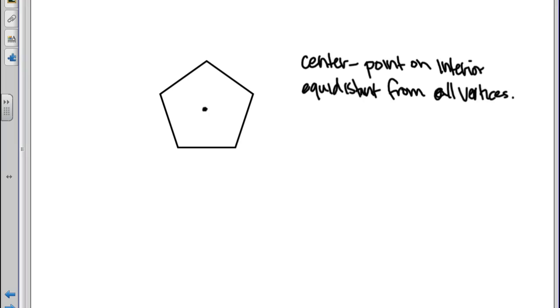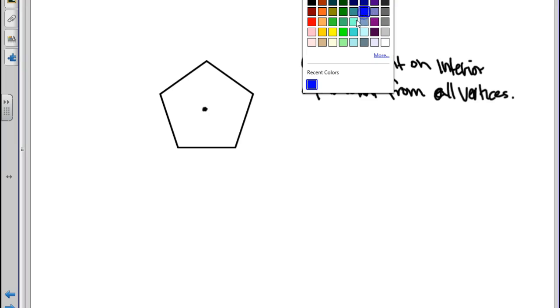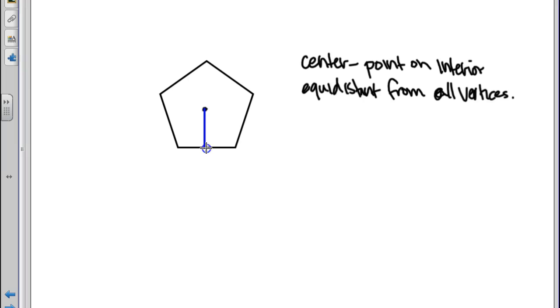Also, there is a line that we can draw perpendicular from the center, perpendicular to any side, and it's called the apothem.